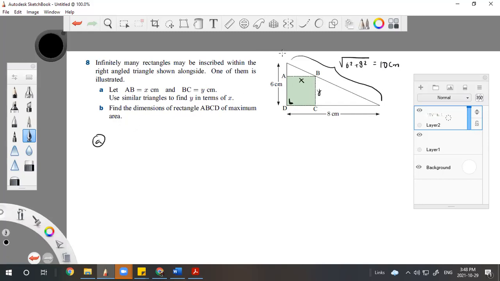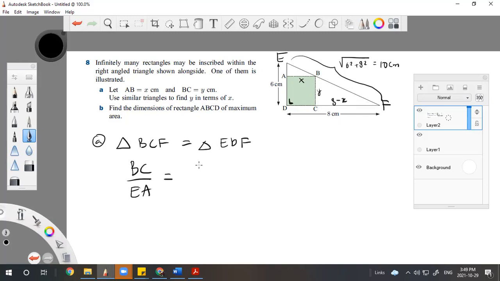So I put x. Wait, don't put x. I put A, B, C, D, E, and F here. So triangle BCF is similar to triangle EDF, right? So if I want to find the area, BC over EA equals, wait, this will be 8 minus x, right?